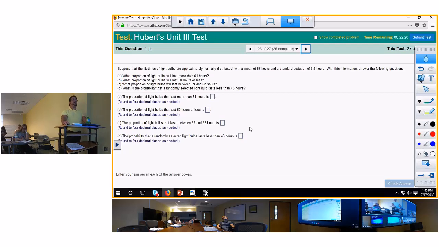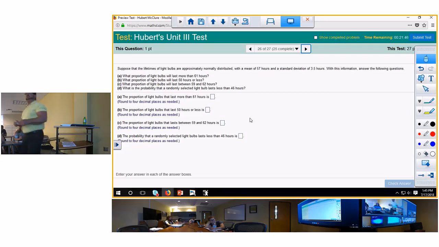Suppose the lifetimes of light bulbs are approximately normally distributed with a mean of 57 hours and a standard deviation of 3.5. With this information, answer the following questions. All right, draw your pictures, do your Z-scores. I'll write it on the board for you.